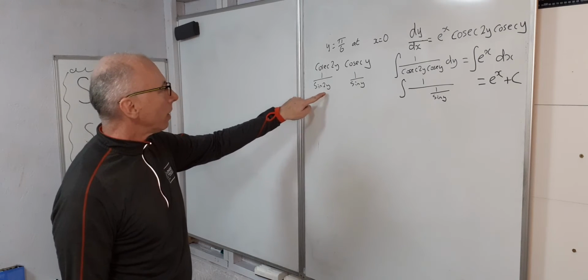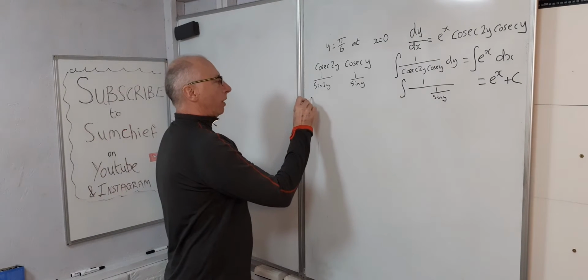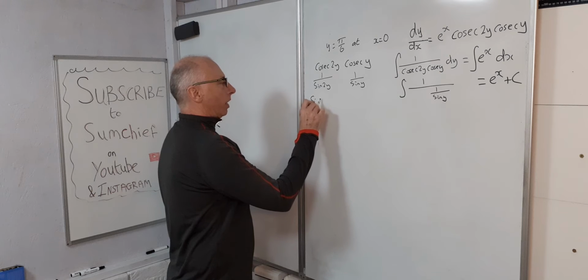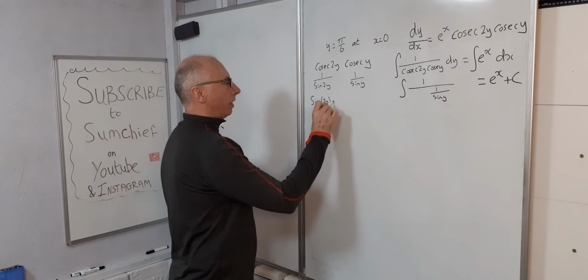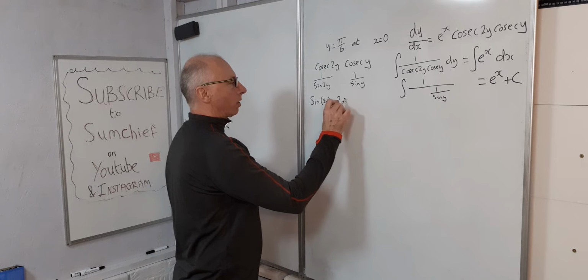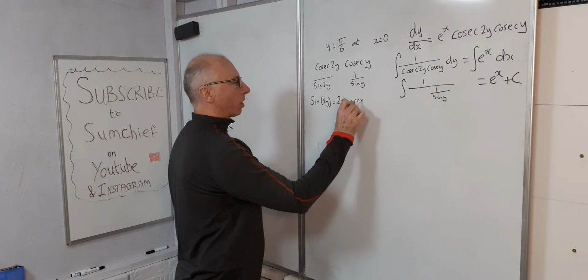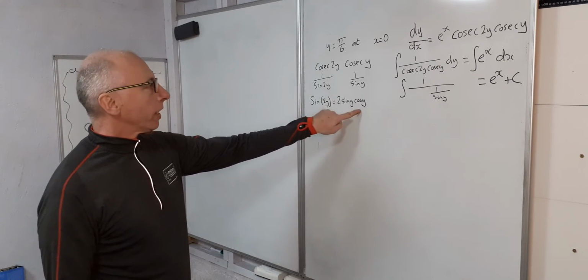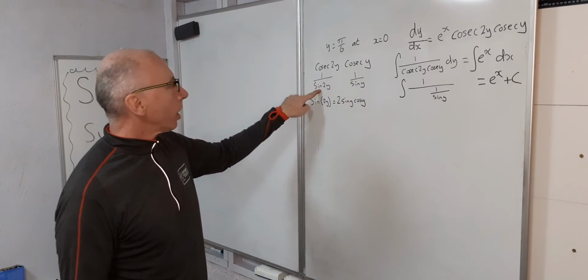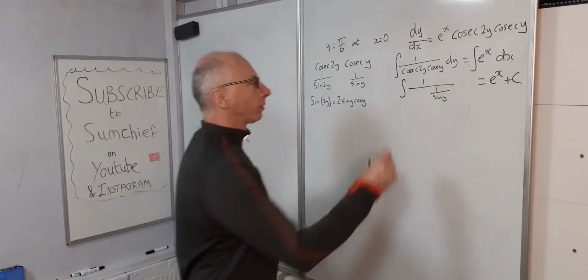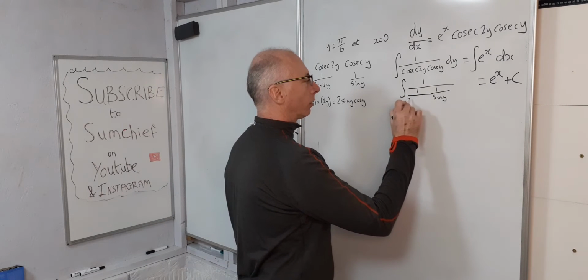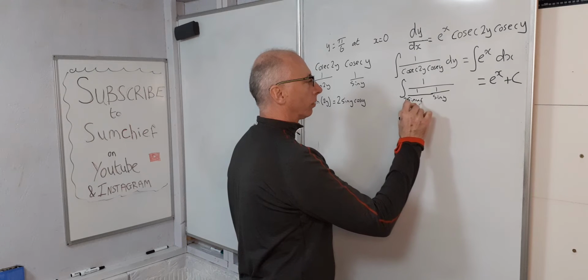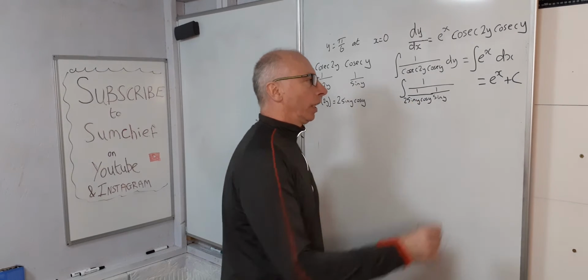So we need to use the double angle formula: sine of 2y is the same as 2 sine y cosine y. That's what sine 2y is. So now we can plug it in for 1 over sine 2y, and then the dy.